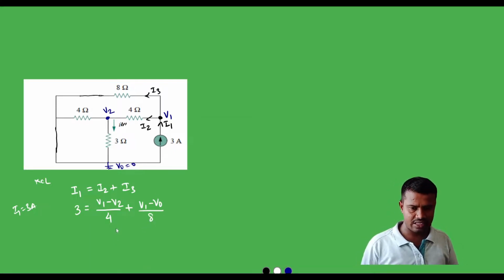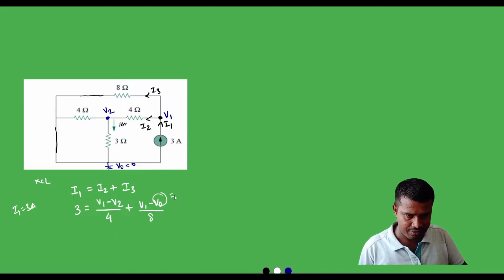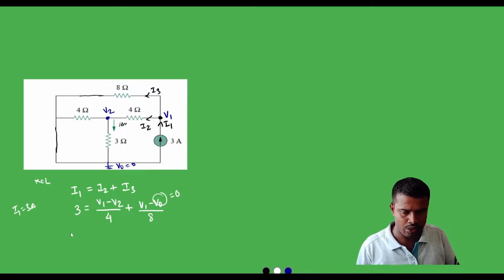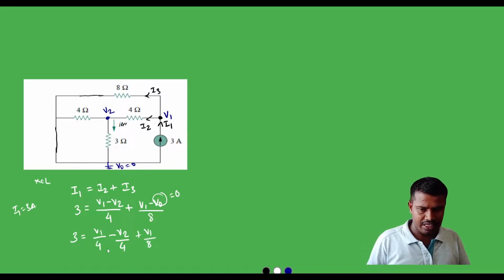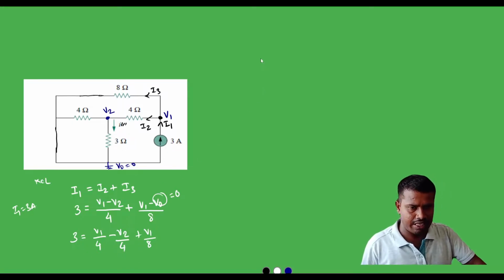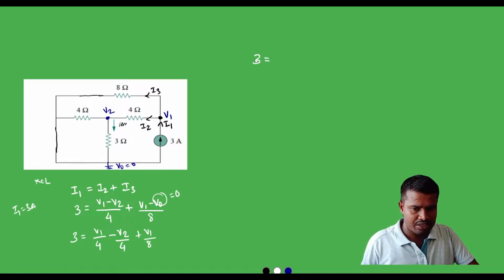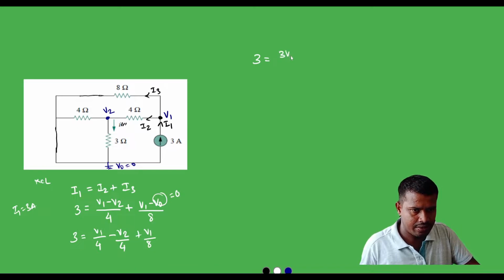Now when solving this equation, in the next step we write V0 is equal to 0. So it will become 3 is equal to V1 by 4 minus V2 by 4 plus V1 by 8. On further simplification, 3 is equal to 3V1 by 8 minus V2 by 4.